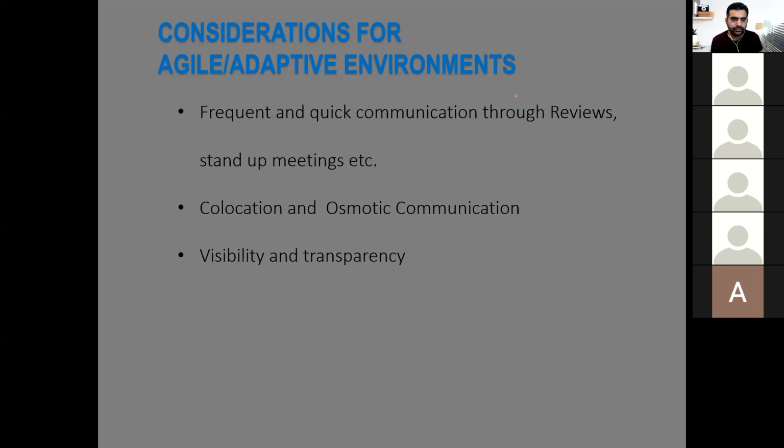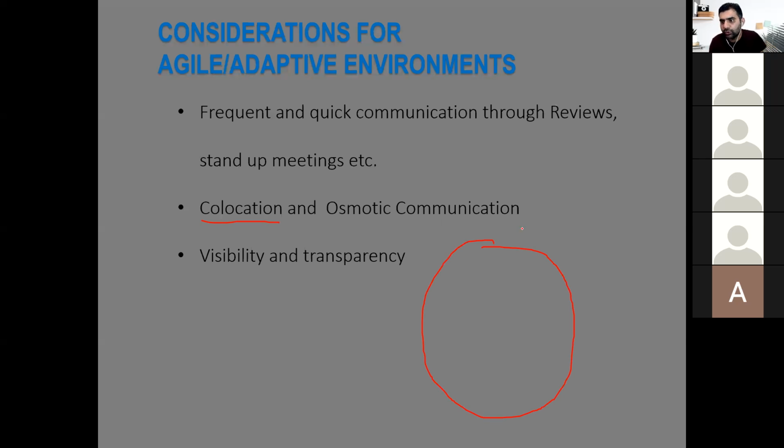Communication and osmotic communication. Co-location, as I said previously, Agile really highly recommends co-location of the team members, dedicated team members, but co-located. In fact, now the concept has come of commons and caves. Previously, everybody had their own desks and own cabins.